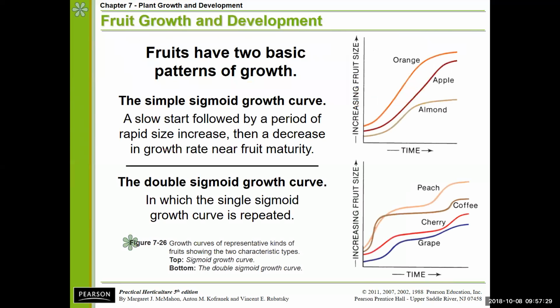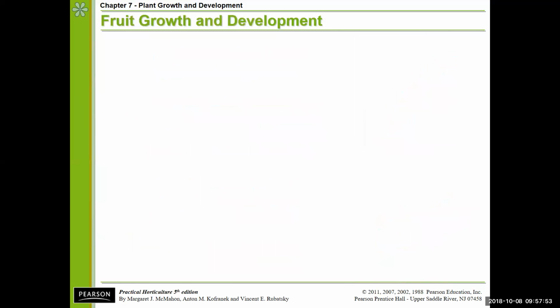And there are two basic patterns of growth for fruits. Either it's a simple growth curve where it just slowly begins to expand at an even rate to maturity. And then there's a double curve where that's repeated, where basically there will be a delay.